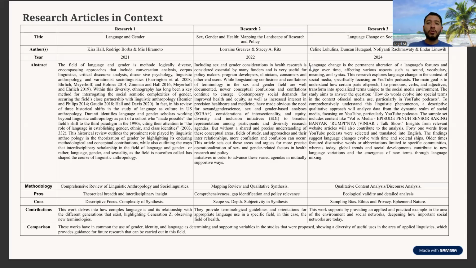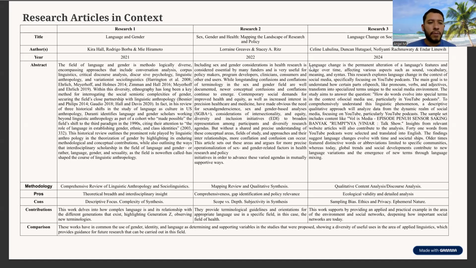Now, we are going to review different researchers about this topic over time. We are going to start with research number one. The title is Language and Gender. The authors are Kira Hall, Rodrigo Borba, and Mie Hiramoto. The year is 2021.